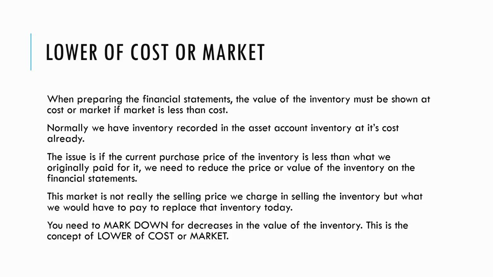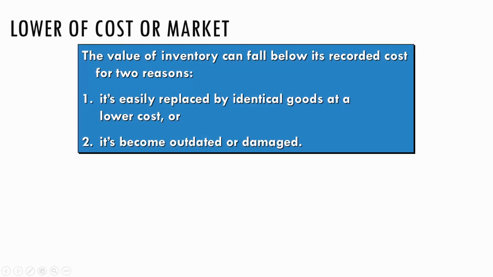If this is the case, we have to mark down our inventory account. So again, after we have our financial statements ready to be published, we do one final look at them, and we want to make sure that our inventory isn't overvalued in the balance sheet.